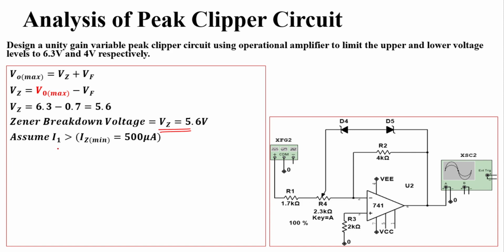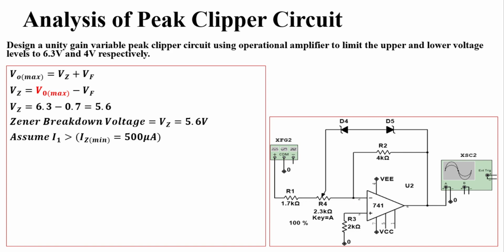Now, assuming I1, here I1 is the current which we are assuming to enter into the operational amplifier. Though we say that the operational amplifier has ideally infinite input impedance, we all know that the input impedance of an operational amplifier cannot be infinity. Therefore, there is some very high input impedance present at the input terminals of the operational amplifier, and looking at that, we can assume a very small current enters into the operational amplifier.